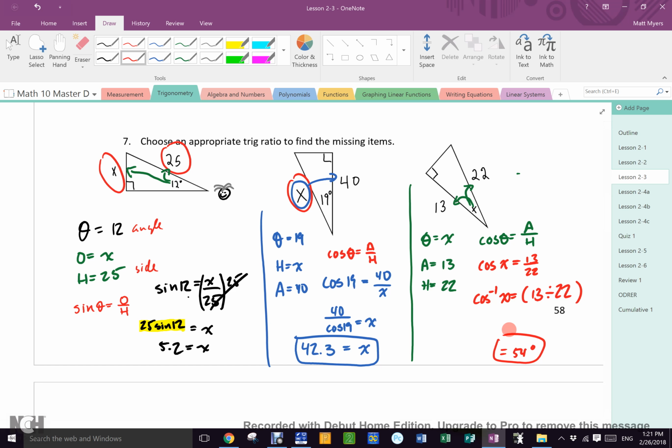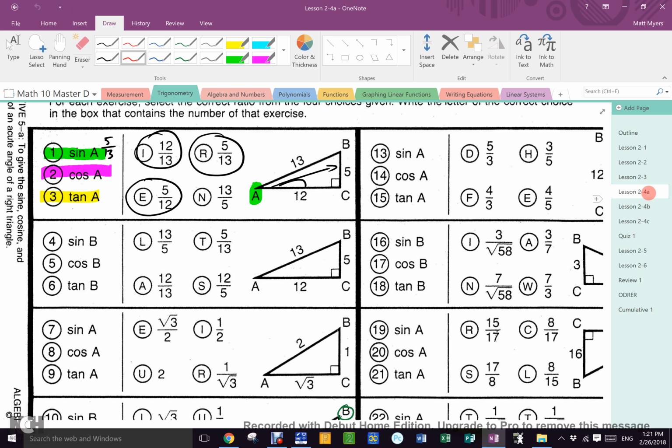The next thing in your book is a bunch of questions about what we just did, even though you just saw it. Two pages later is a bunch of stuff like this, but requires significantly less work. It's better practice.